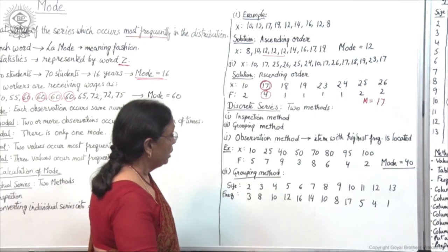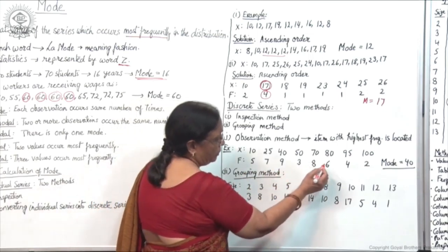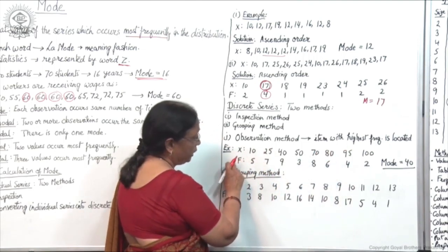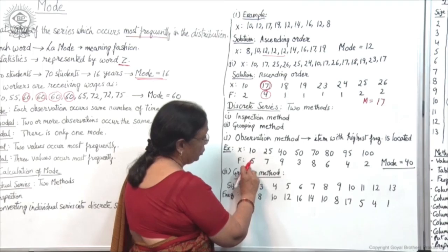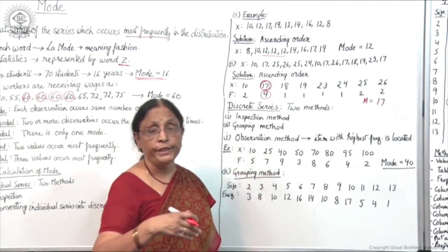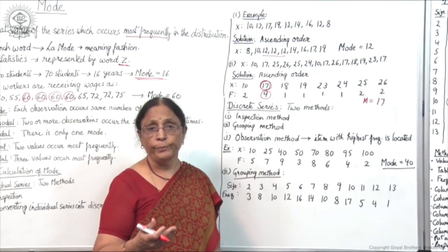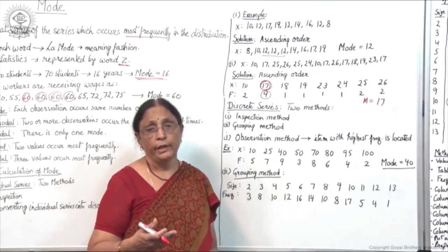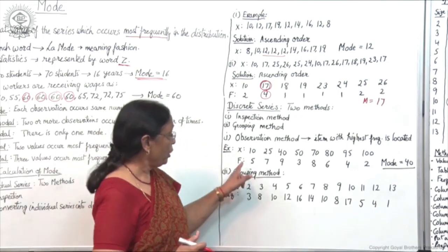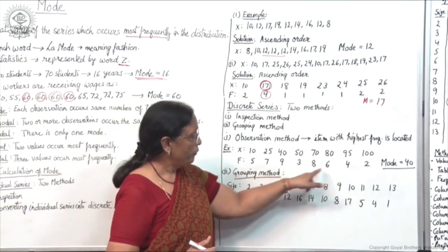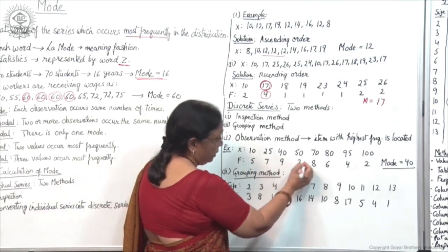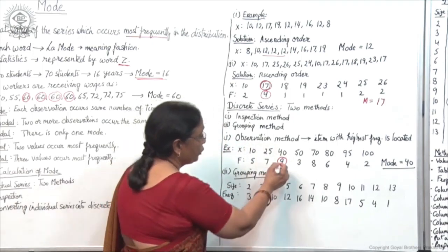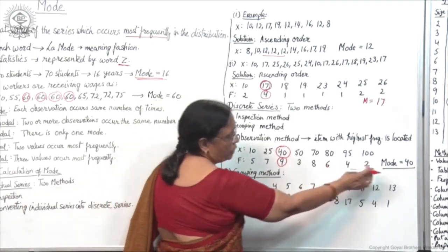Now don't find the highest figure in X, find the highest figure in the frequency column, because frequency means how many times an item appears in the series, and the mode is the item that appears the maximum number of times. Here in this series 9 is the highest frequency, in front of 9 there is 40, so mode is equal to 40.